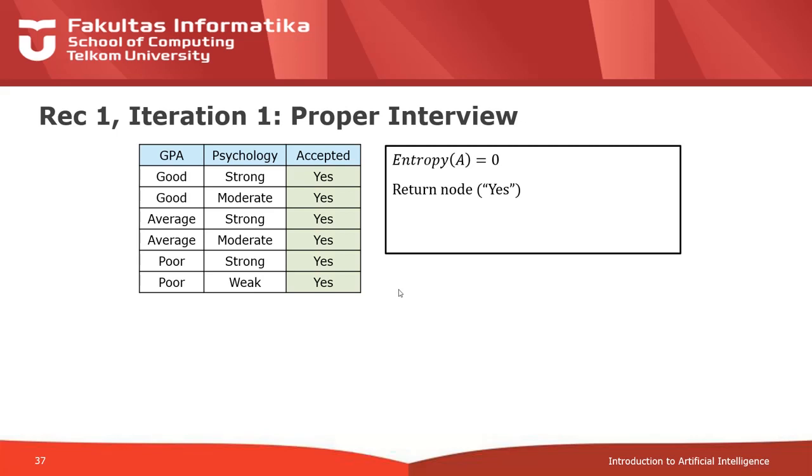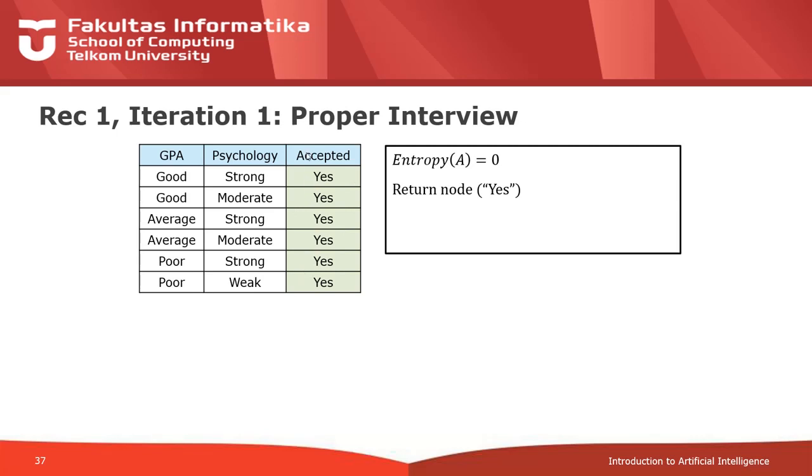Okay, so what happens about this first table? Now, if you recall, the first step of the first iteration is that we need to calculate the entropy of the output attribute here.